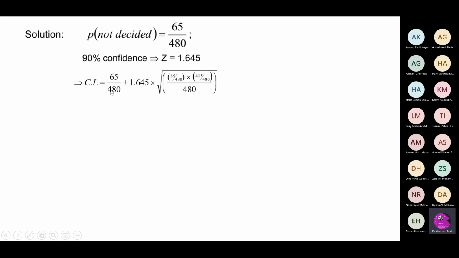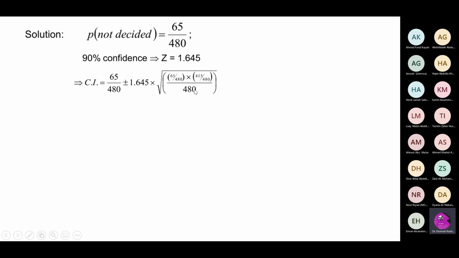The confidence interval, this is the formula: P hat, the sample proportion, plus or minus Z of 1 minus alpha over 2, which is 1.645, times the square root of P times Q over N. P is 65 over 480. Q is 1 minus P, so 1 minus P will be 415 over 480.